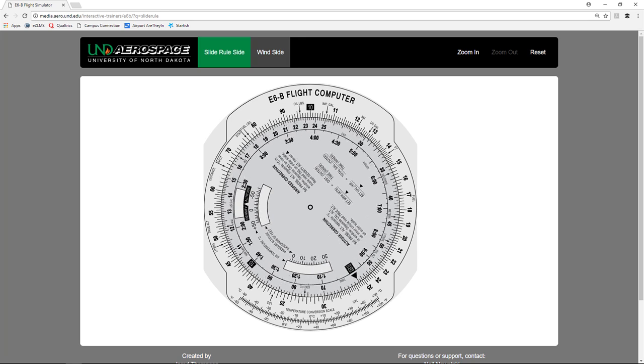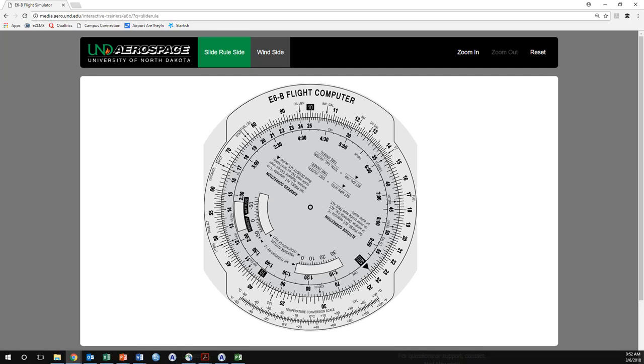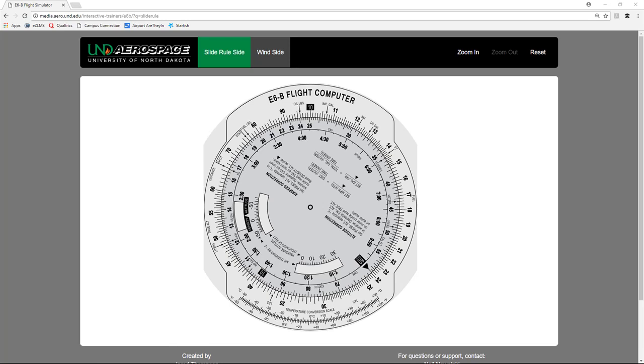So I will spin the B scale so that the denominator is underneath the numerator of 12. So 12 divided by 3, if we find the 10 index on the B scale, we will find our answer of 4. Again, it's not 40. We have to use some logic to place that decimal. 12 divided by 3 equals 4.